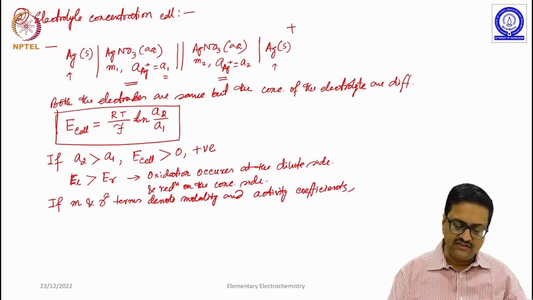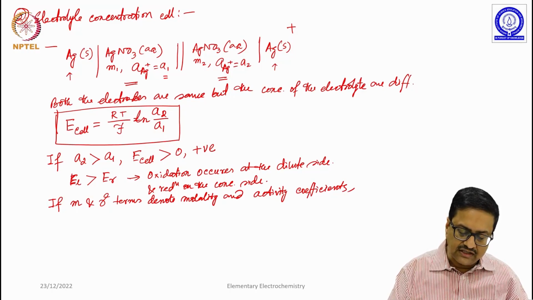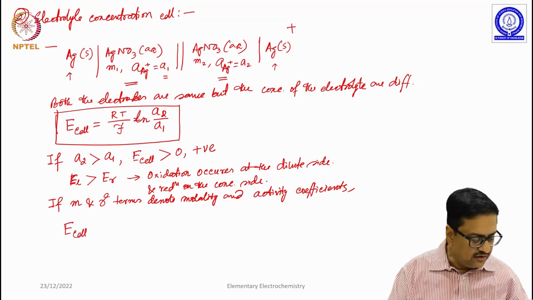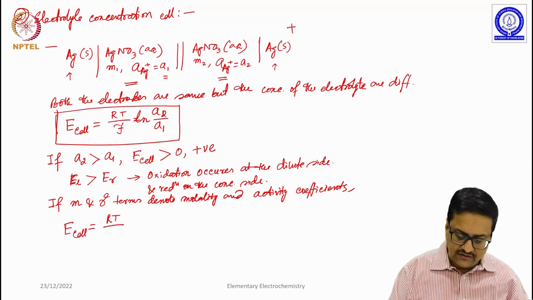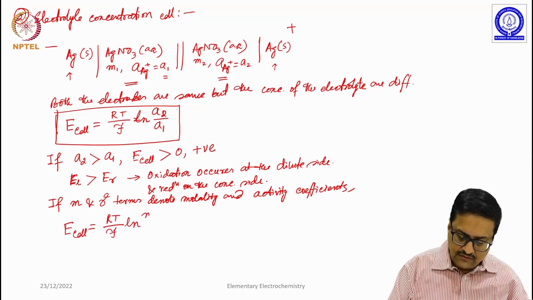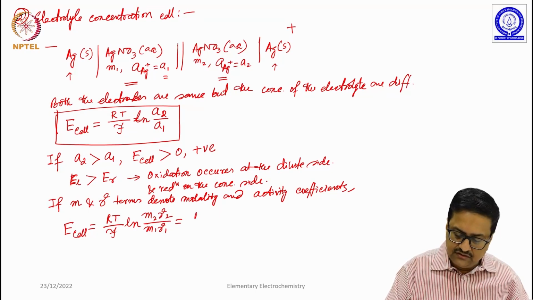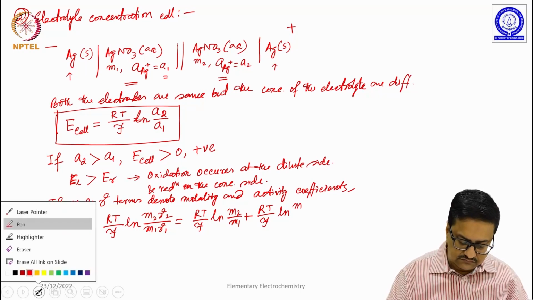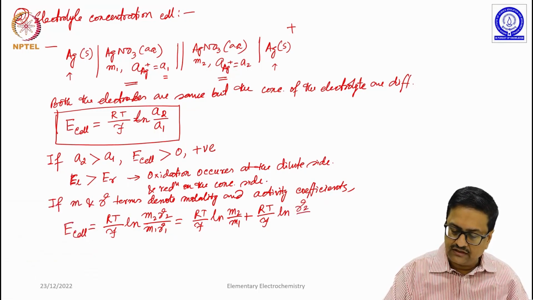So, now if we replace the values for A1 and A2 using M and gamma, you can write E cell is equal to RT by F ln M2 gamma 2 by M1 gamma 1, or simply RT by F ln M2 by M1 plus RT by F ln gamma 2 by gamma 1.